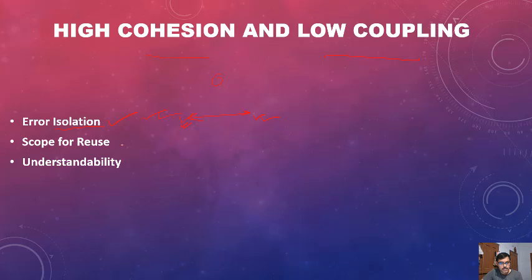The next point is scope of reuse. Reuse of a module for the development of other applications becomes easier. Obviously, the reuse is much easier, and the reason is that a functionally independent module performs some well-defined and precise task, and the interfaces of the module with other modules are very few and simple, so a functionally independent module can easily be taken out and reused in a different program.